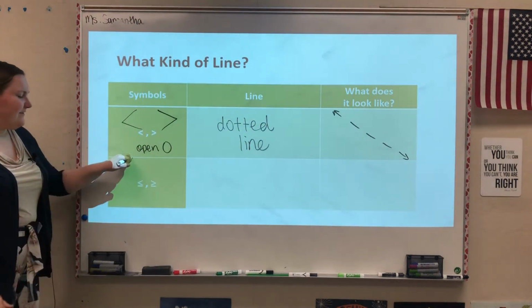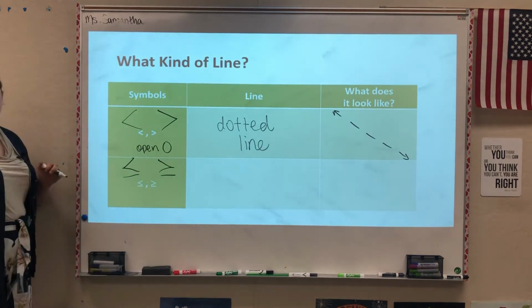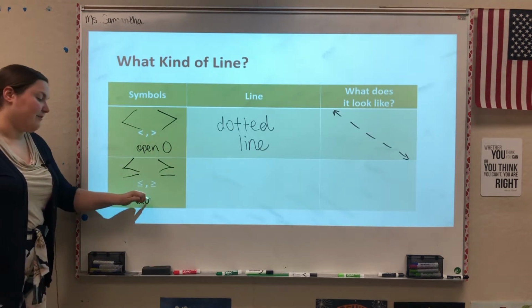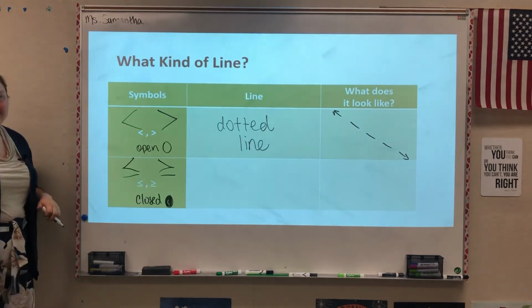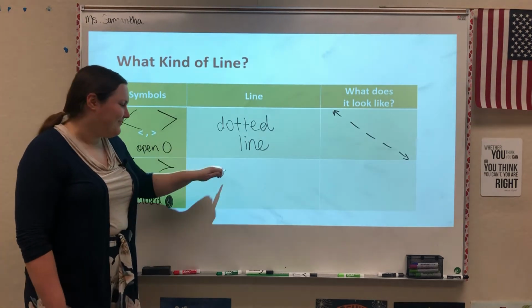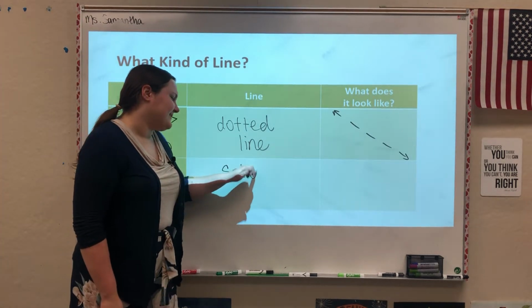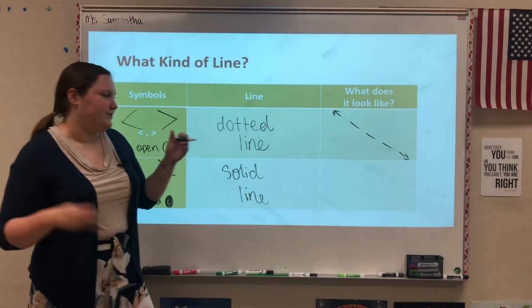Now for these two, we've got less than or equal to and greater than or equal to. If it was a number line, that's where we were using our closed circle, the circle that was all shaded in. Same idea here, except instead of calling it a closed line, we call it a solid line. A solid line is just the normal lines you were drawing.